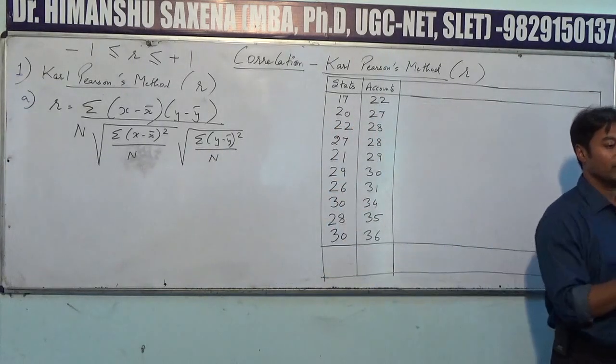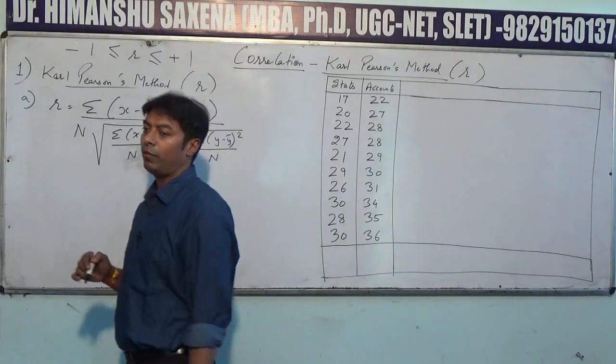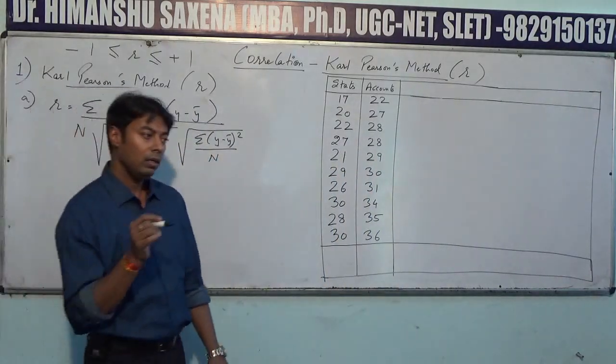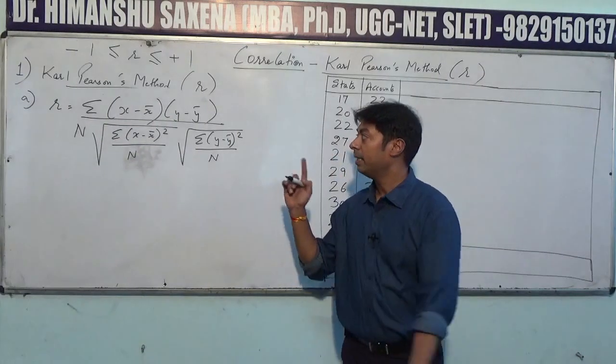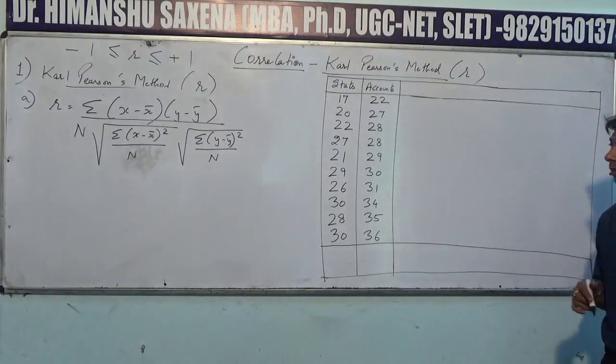So please take down this formula, which is going to be used while calculating coefficient of correlation using Karl Pearson's method, and the heading is direct method. This formula is direct method.